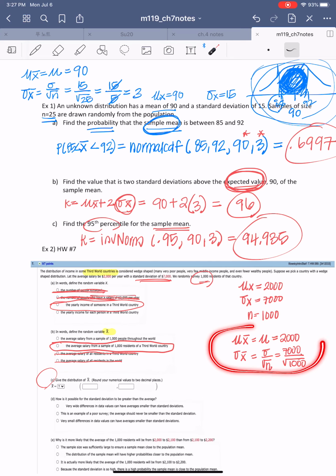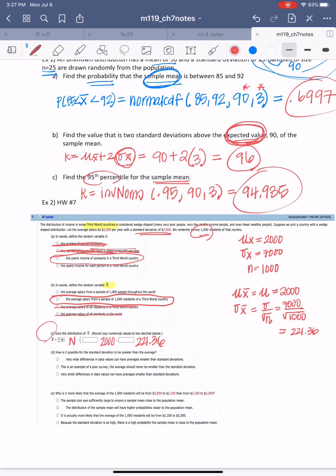So these two will go in the parentheses. But it's asking you to round to 2 decimal places, so let's change this number to 2 decimal places. I'm getting 7,000 divided by square root of 1,000, 221.36. So I have a normal distribution with 2,000 and 221.36.